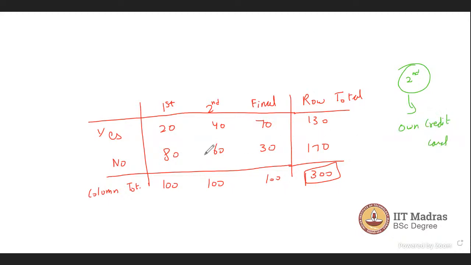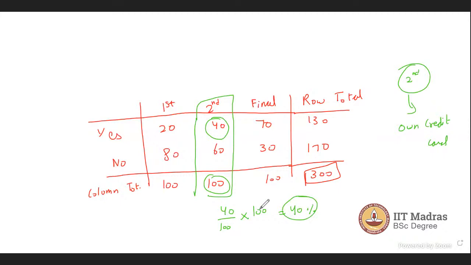Okay. How many students of second year own a credit card? 40. 40%. Yeah, so you have to just consider second year owning a credit card. The total is this, so 40 by 100. You are asking percentage, so it's 40%.